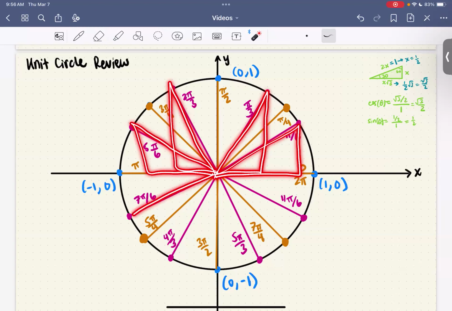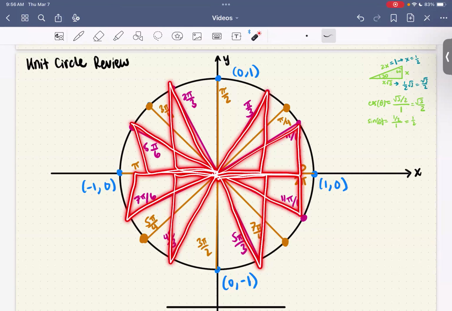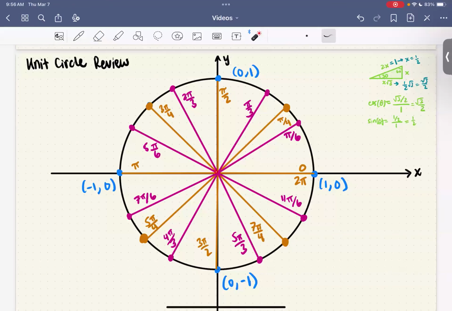So these pink triangles, I drew that really badly. This is kind of a cool picture. All the triangles formed with this pink color are 30, 60, 90. So they're going to have a value of √3/2 and a 1/2 somewhere in their coordinates. Okay. The other triangles we've got here are 45, 45, 90.